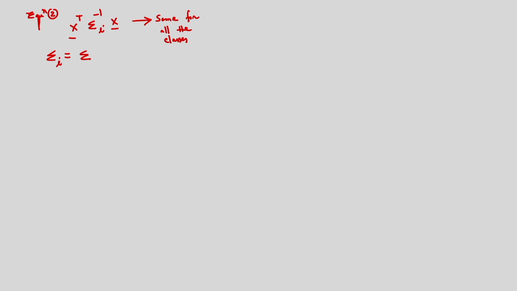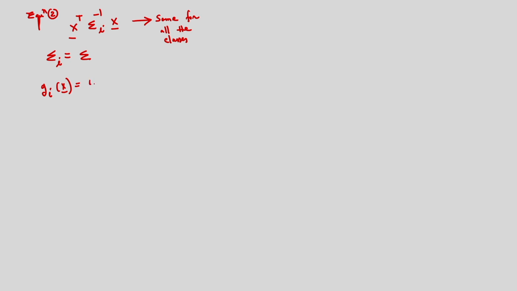It has no role in classification. I am considering this case, that is, the covariance matrix is the same for all the classes but it is arbitrary. So that is why I can write the discriminant function something like this.